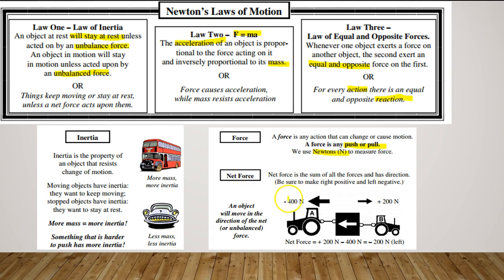For the net force, here you have arrows in opposite directions. You will subtract the amount of force being applied to an object. And there's an example at the bottom. So throughout this presentation, we're going to be practicing these 3 laws.